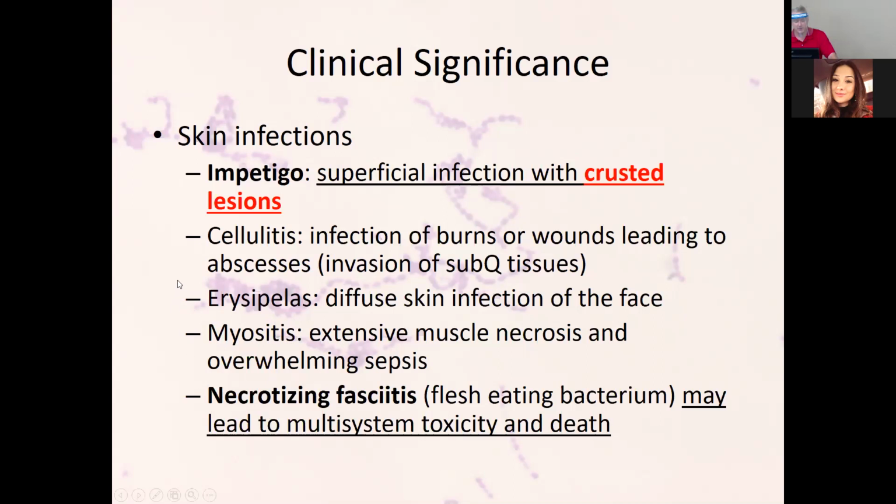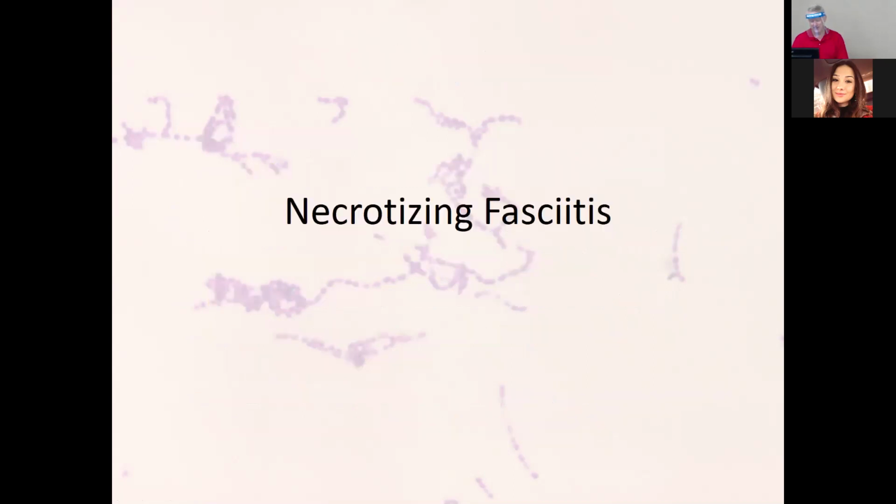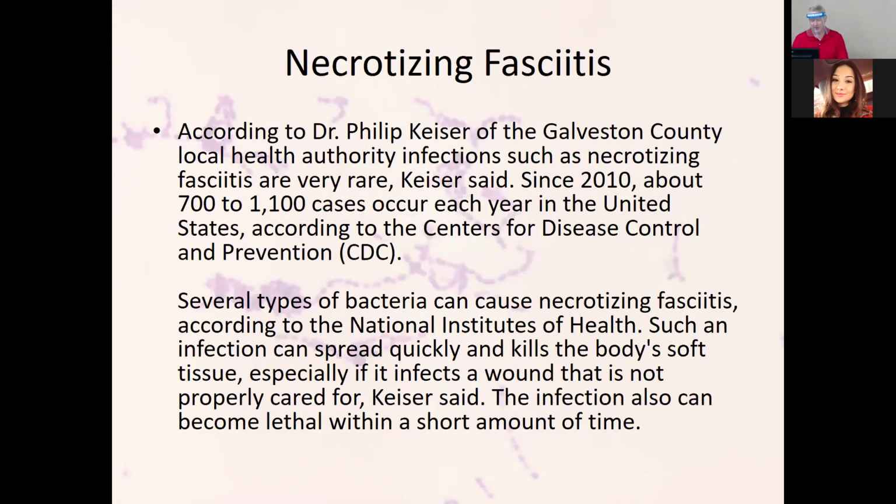And then we get to the last one here, Strep pyogenes, which could lead to necrotizing fasciitis. It's not the only cause of flesh-eating bacteria, the way it gets its name, but we can have toxicity and death. And this is just giving you a heads up that we're seeing more and more cases of it since 2010.